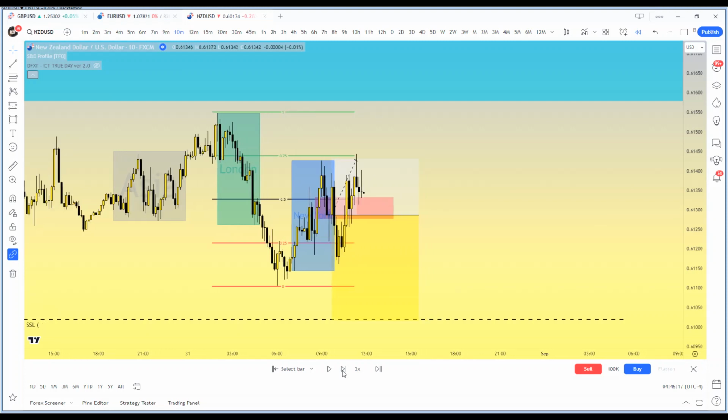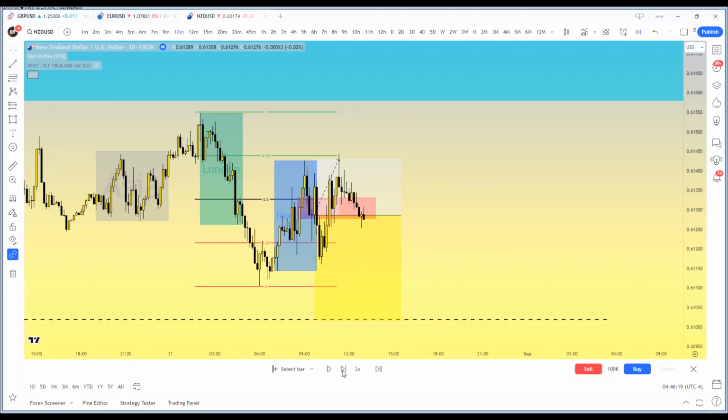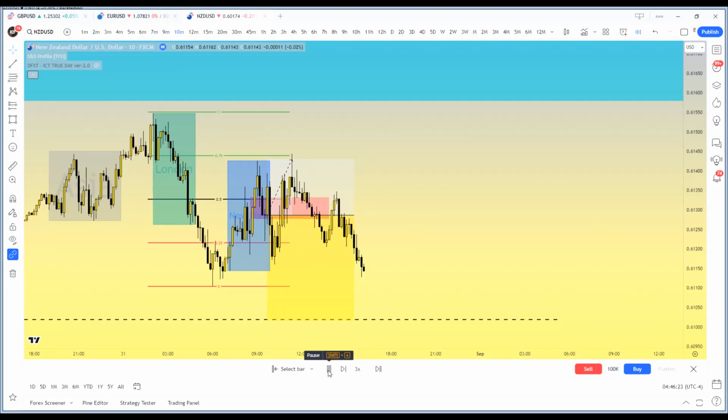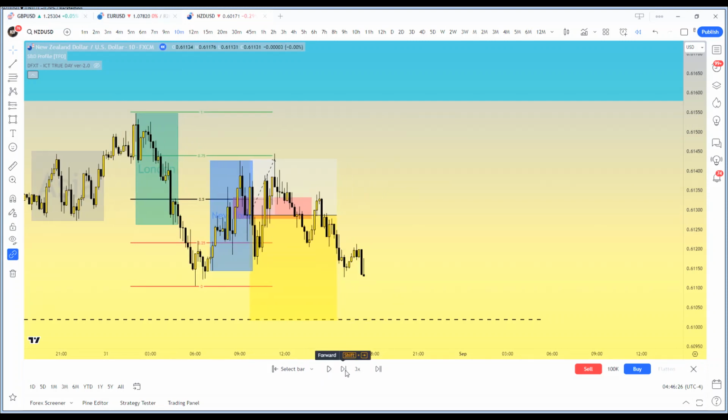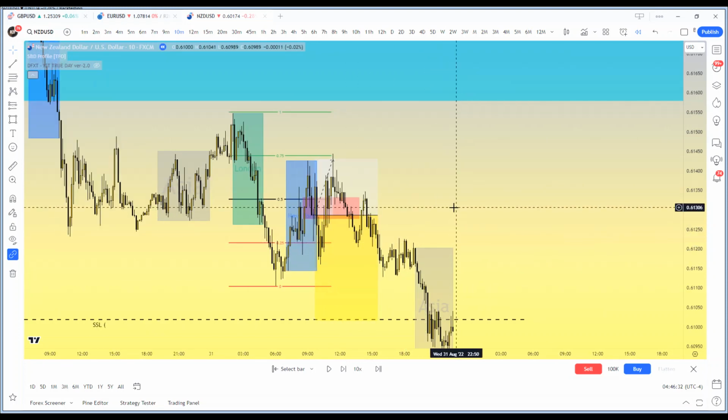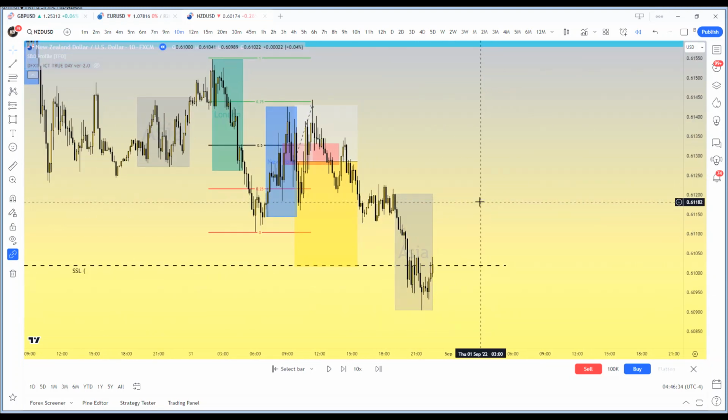Very choppy. Okay, we got stopped out. All right, and price came to the target.